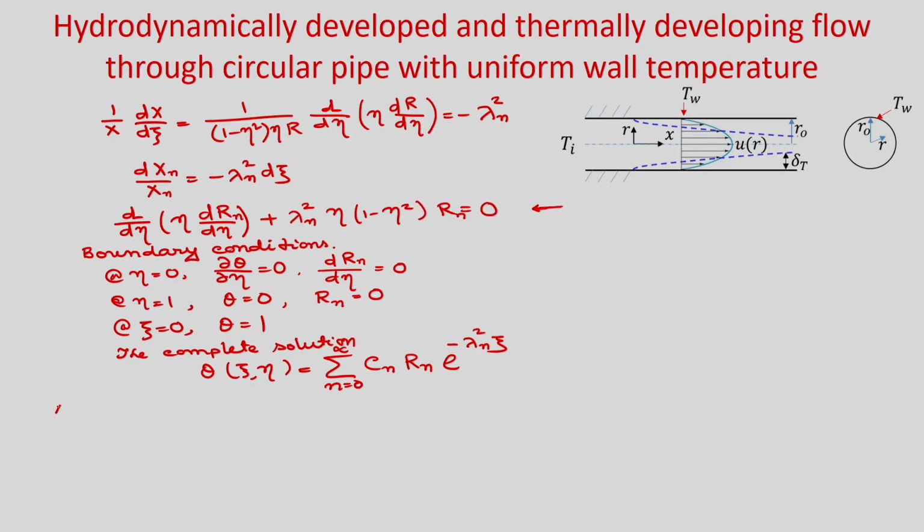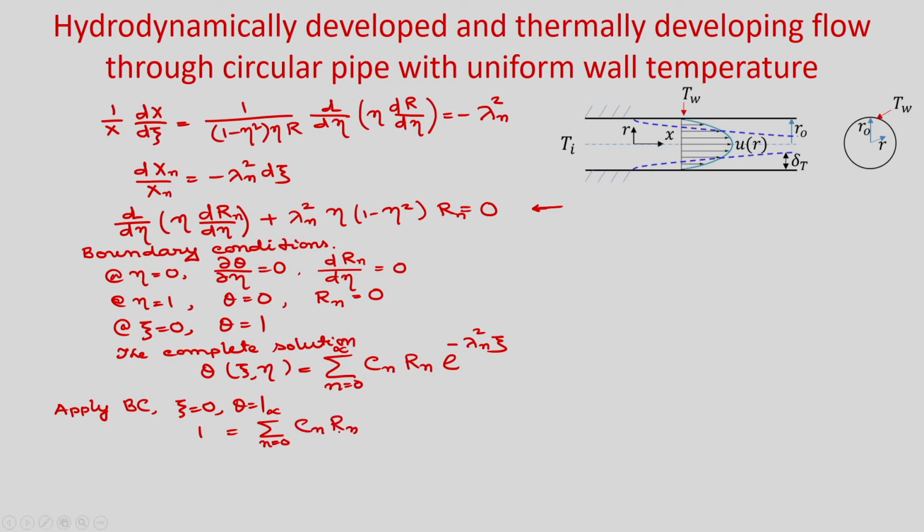Now, let us apply the boundary condition at xi is equal to 0, theta is equal to 1. If you put it here, you will get 1 is equal to the summation n is equal to 0 to infinity of C n into R n.